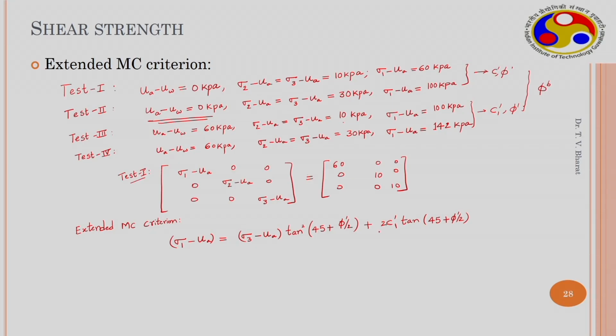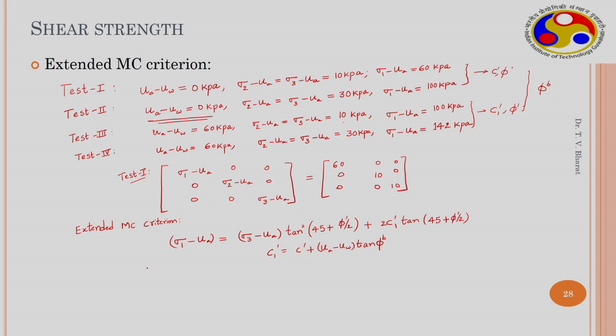When you have suction in the soils, when this is defined for unsaturated soils, this is c1 dash, where c1 dash equals c dash plus UA minus UW times tan phi b. Fine.